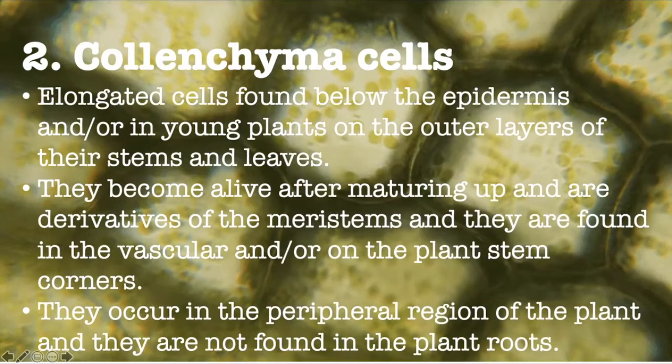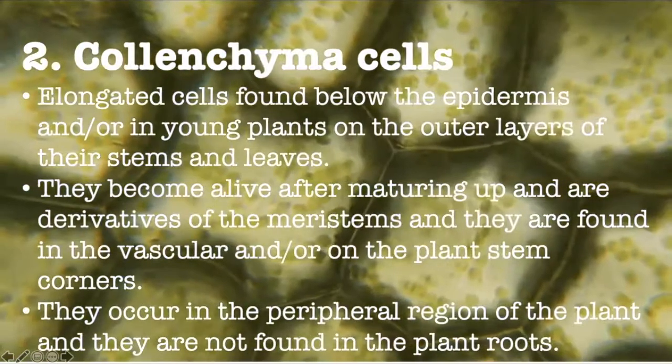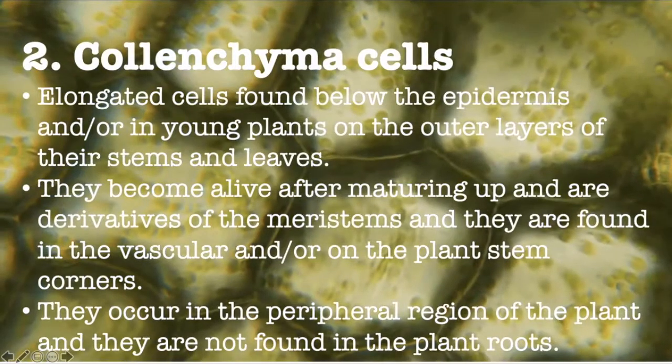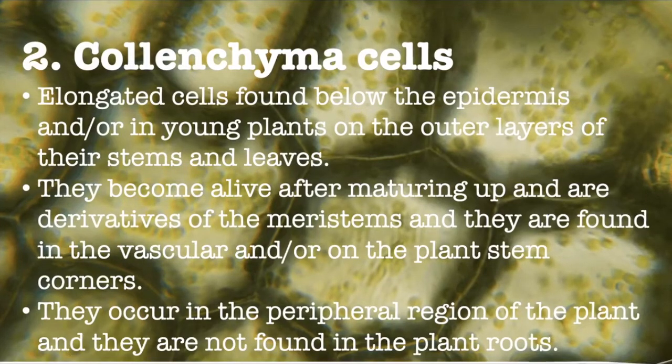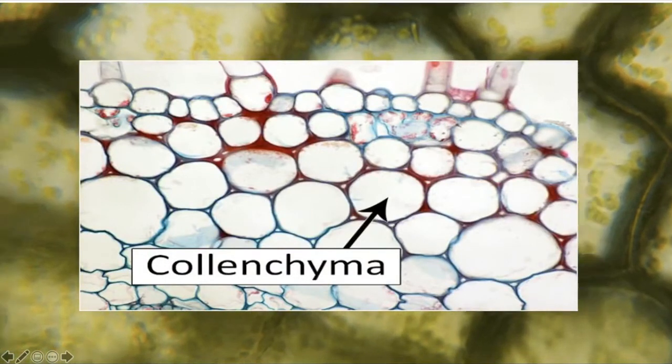They occur in the peripheral region of the plant, and they are found in the plant roots. Experimental observation may appear red. So this is how it looks like in a microscope.